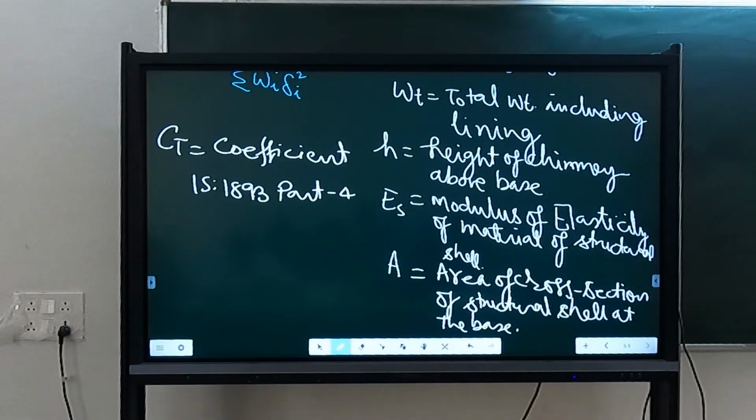Then please note that this code came in 2015, but after that two corrections came in 2017 and 2018. In one of the corrections, this damping clause has been changed. So in amendment 1, the damping clause changed. Read the damping clause here in the code. What does it say?